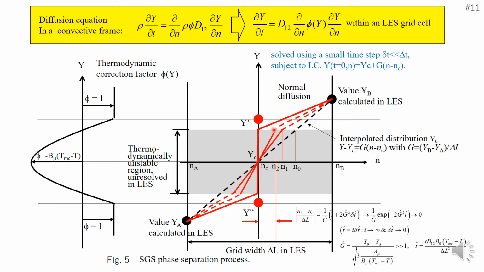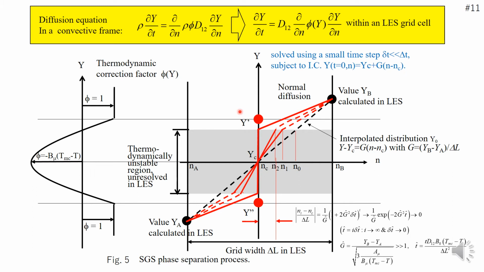In reality, the following should happen in this case. Using a diffusion coefficient D modified by phi, we consider the microscopic concentration field evolution governed by this diffusion equation. Then, the concentration distribution changes as shown by red lines in a very short period, like this, and phase separation takes place.